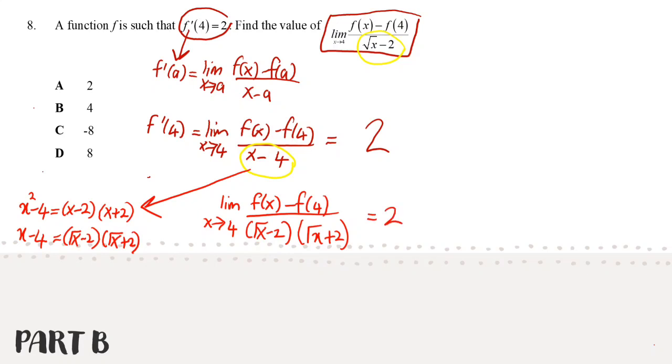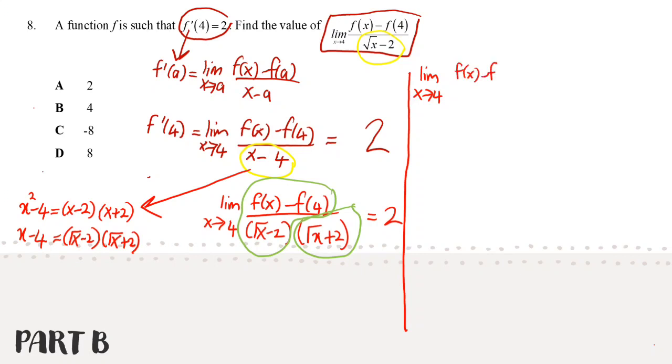Okay, next, by applying the properties of limit, this expression you may write separately. It becomes two expressions. Okay, so let's rewrite separately. So we have the limit as x tends to 4, f(x) minus f(4) over the square root of x minus 2, times the limit as x tends to 4, 1 over the square root of x plus 2, is equal to 2.